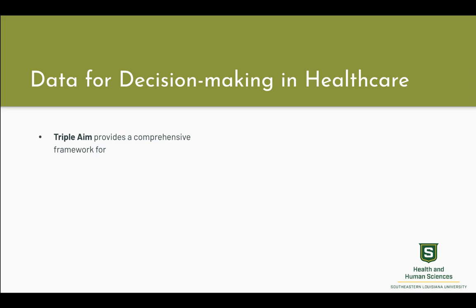So the triple aim provides a comprehensive framework for improving healthcare and population health, improving patient experience of health, and reducing per capita cost. So basically, what this triple aim is meant to do is to help in decision making, and it does that by helping us understand the kind of data we should be looking for, and the purpose for which we need the data.